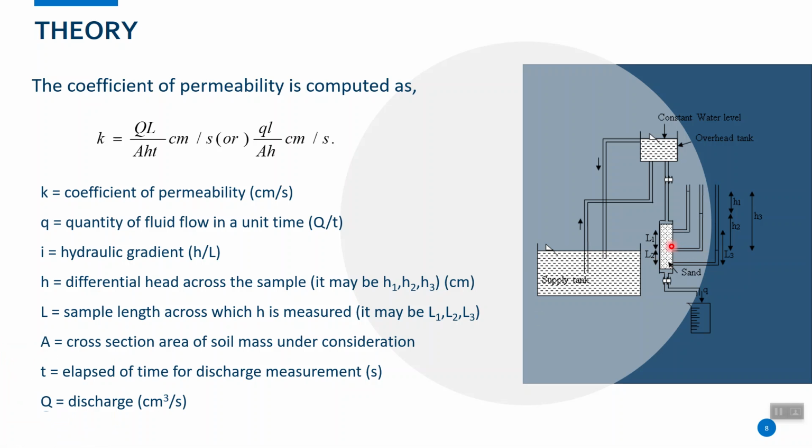So this is L1, this is L2, and this is L3. You can get L1, L2, and L3 by measuring the pipeline difference from the mold, and you can get the water level difference H1, H2, and H3. These H1, H2, and H3 are only obtained during the test.